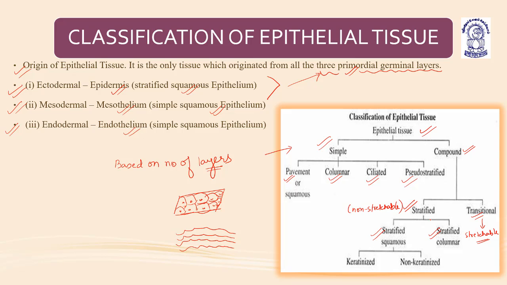Mesodermal is mesothelium, which is simple squamous epithelium. Third, endodermal in origin is endothelium, which is simple columnar epithelium. Oh, so sorry, please make a change. It is not squamous, it is columnar. I'll write the whole, simple columnar.